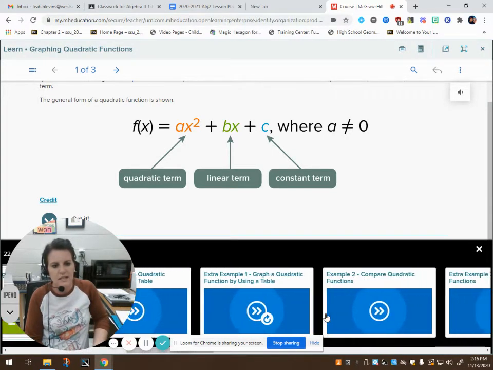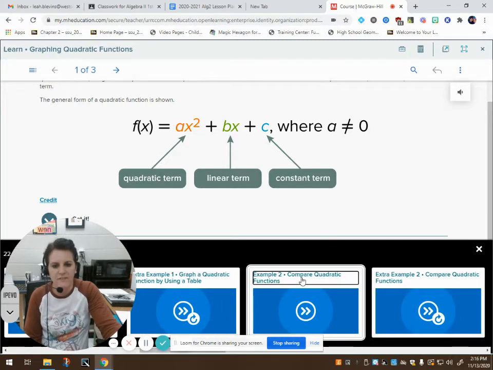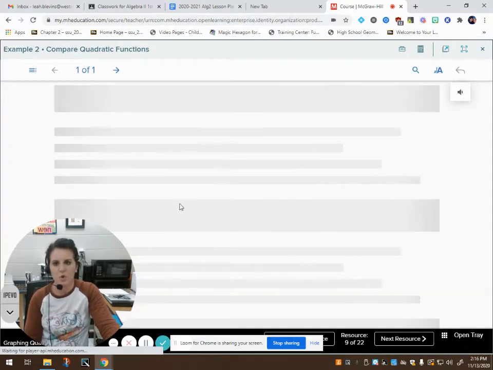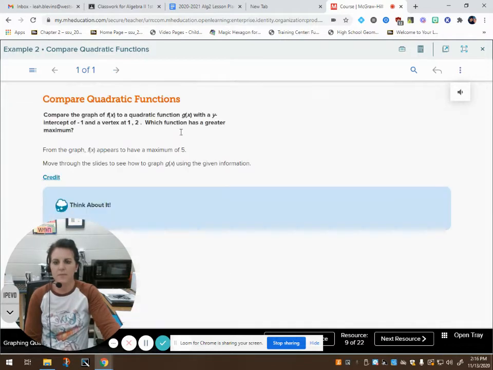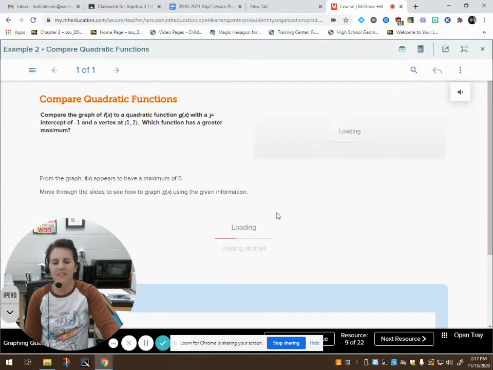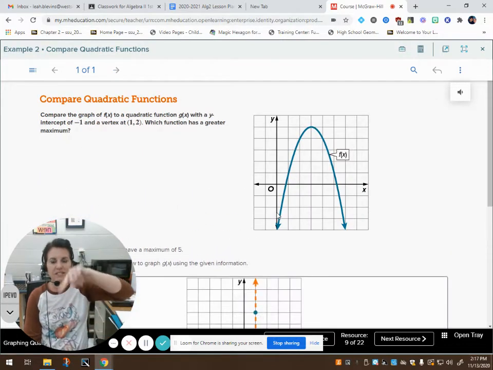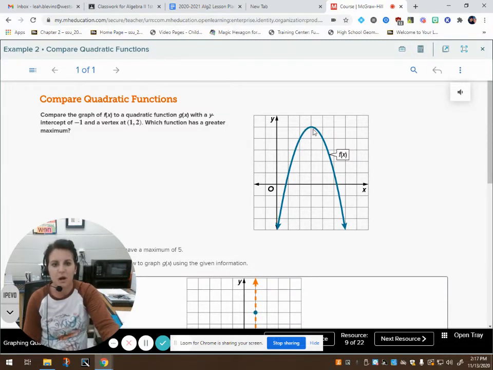We've looked at the example of graphing them, so now let's compare some quadratic functions. Again, remember that the a value tells us if it's a happy face or a frowny face. When a is positive, it's going to open upward. So right off the bat, I know by looking at this that my a value is negative.